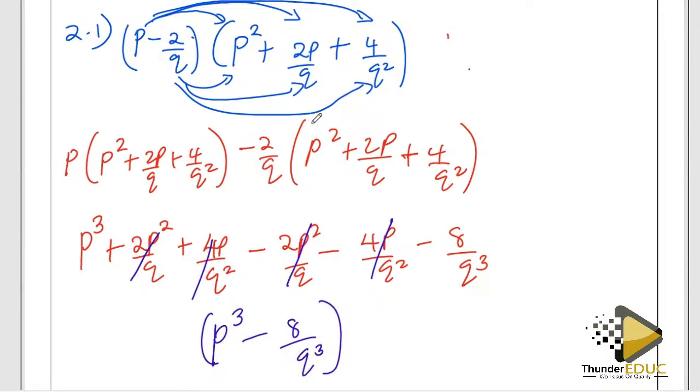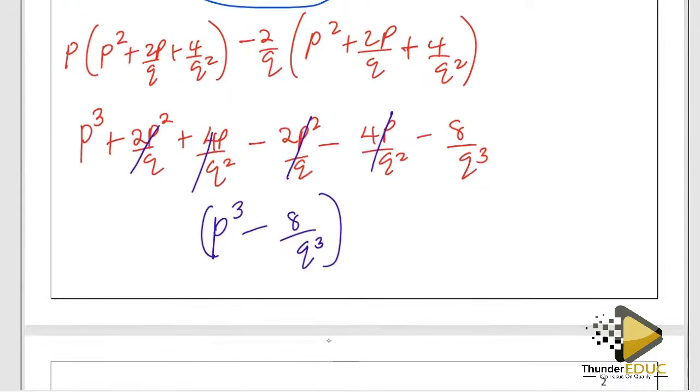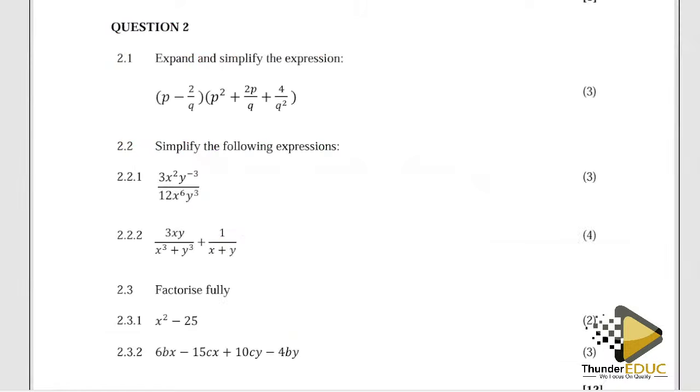What I wanted to say before, about not spoiling the game, is if you can identify that this is basically a difference of 2 cubes, because this minus that, then we have a p squared plus the product of this, and then we have this squared. Automatically it becomes a difference of 2 cubes. So we're saying p cubed minus 8 over q cubed. For 3 marks, that's how you go about it.